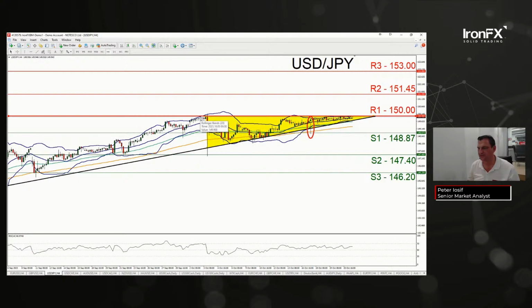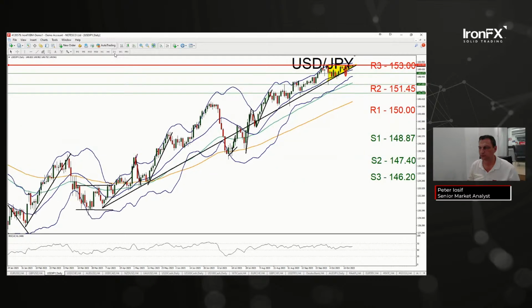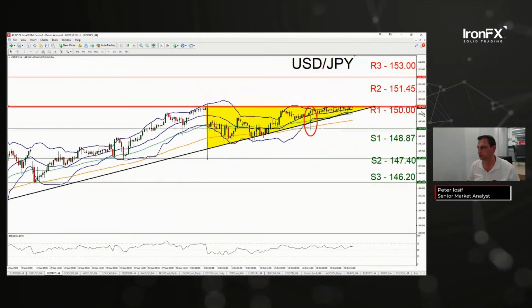On the other hand, it seems to have hit the ceiling on the 150 resistance line. I think that's pretty obvious. Allow me to drill out into the daily chart. It's a very strong upward trend line here. Back to the four-hour chart.